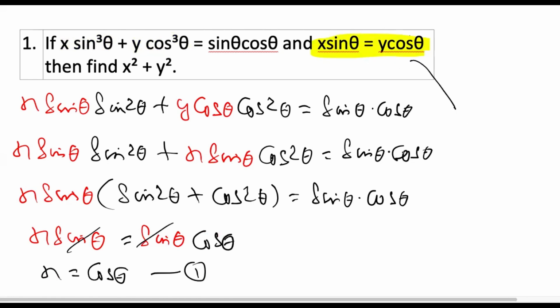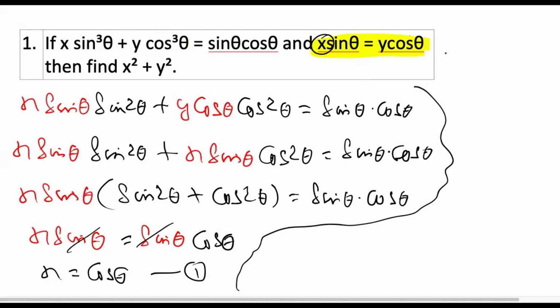Let's say if I replace x, which is cos theta, then there is a sin theta, which is equal to y cos theta. So you can check here that cos and cos get cancelled. So we get the value of y now. So y comes out to be sin theta.